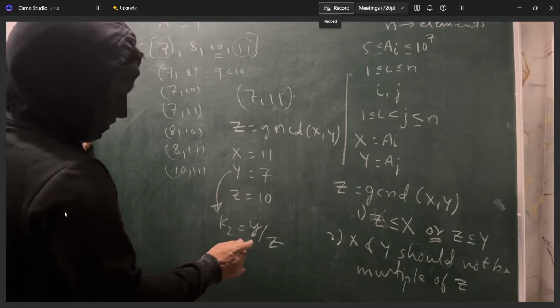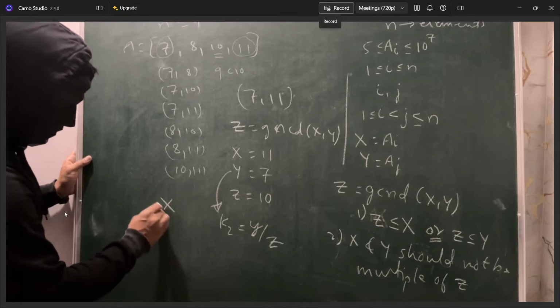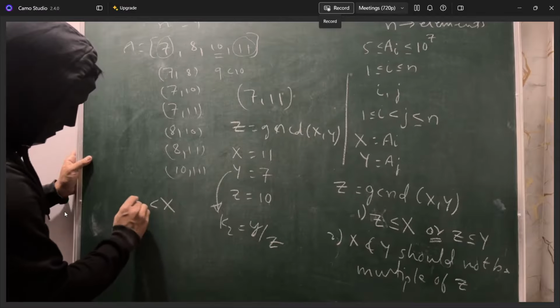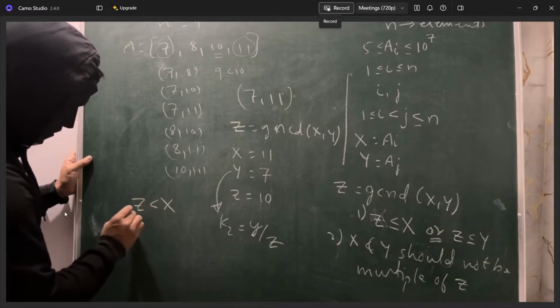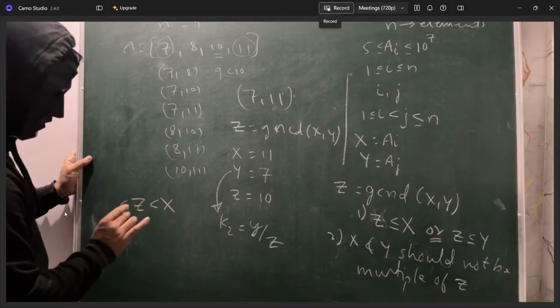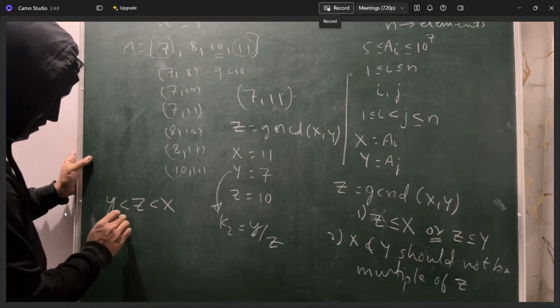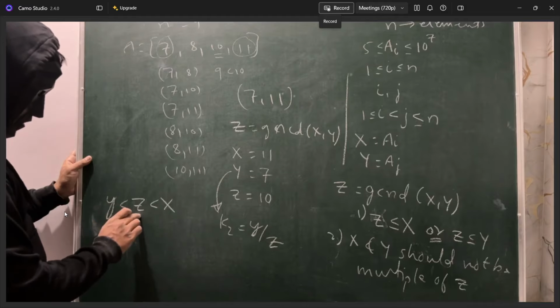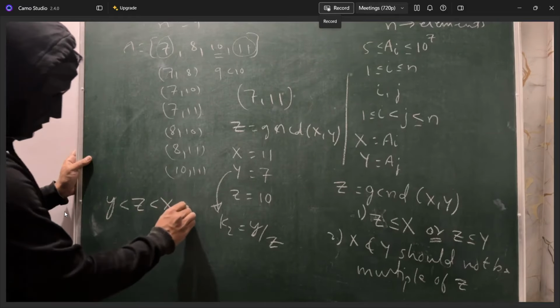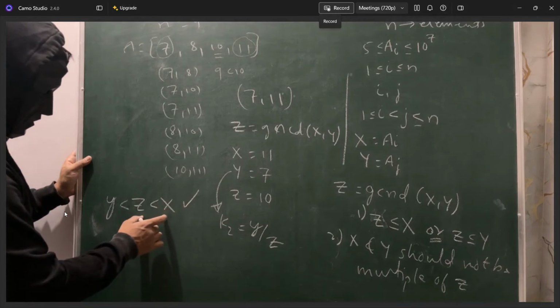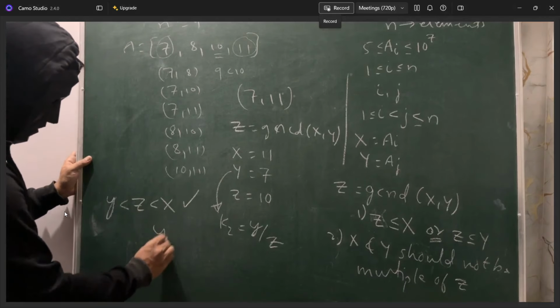Like x is the highest here, and z should be lesser than x, and you are trying to find z in such a way that it is greater than y. If this holds good, then this will be the maximum possible value you are getting.